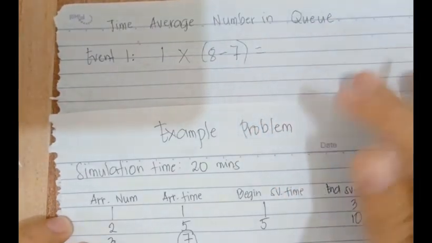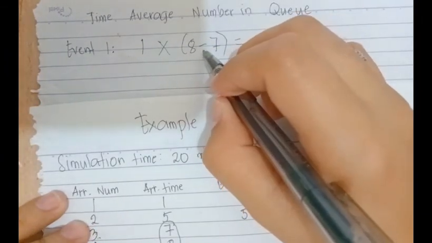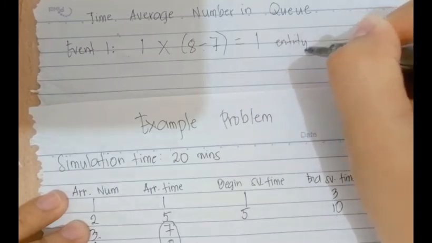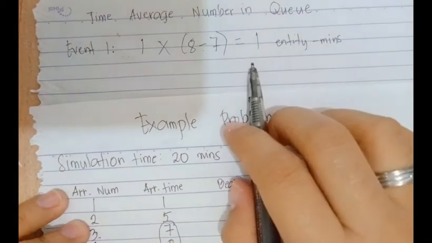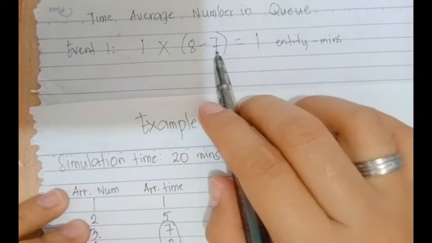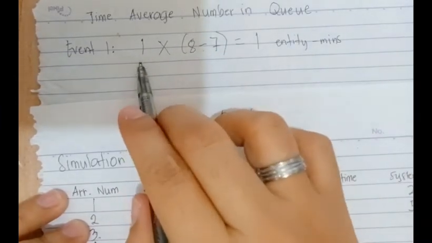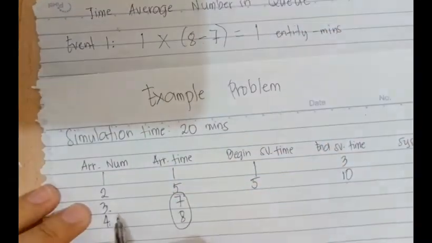So 1 times 1, the answer here is 1 entity minute. This means that for 1 minute, from 7 to 8 minutes, there was 1 entity in the queue, which is entity 3.